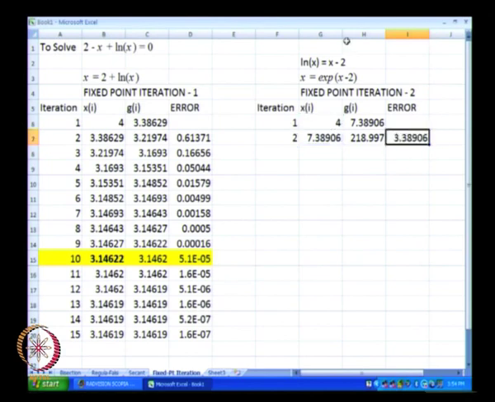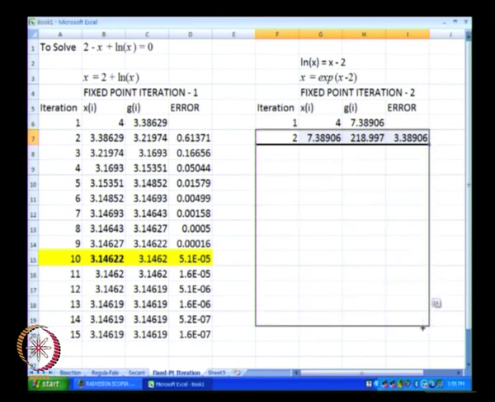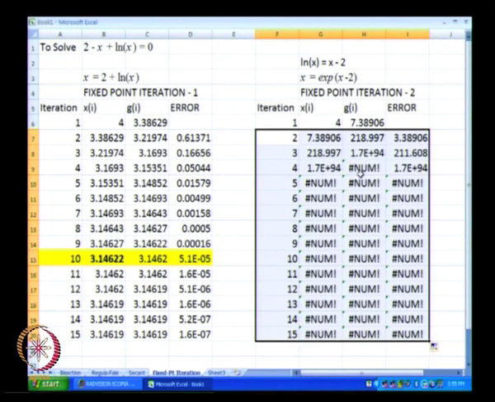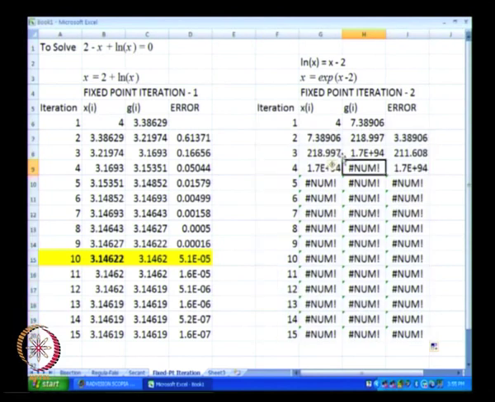Okay, so this is what we have, and all we need to do is drag it again for 15 iterations, and again you will see something funny happening as soon as I release the mouse button. If we start with an initial guess xi equal to 4, we end up diverging.